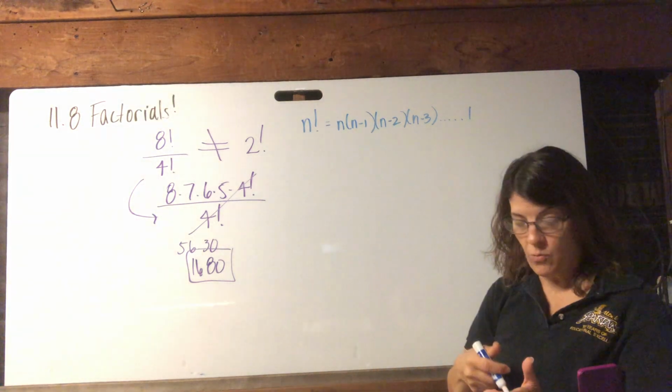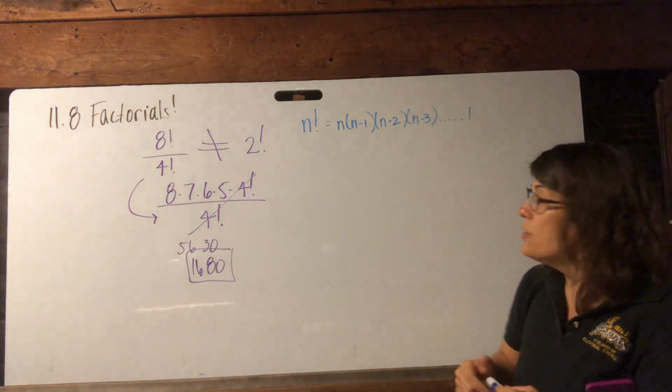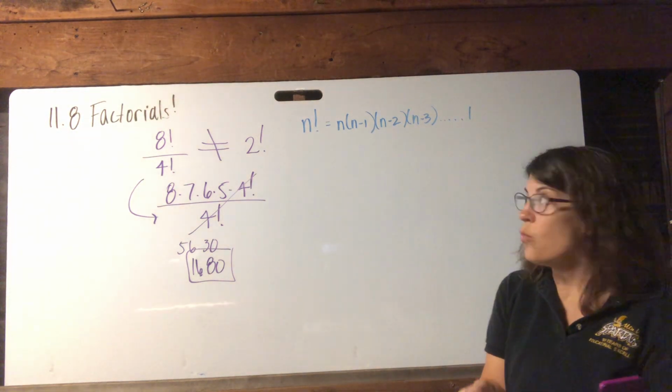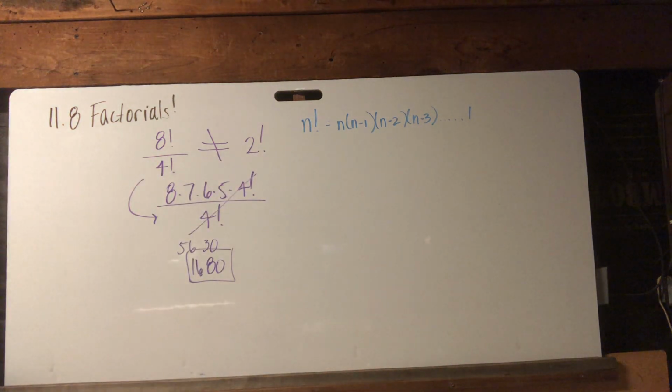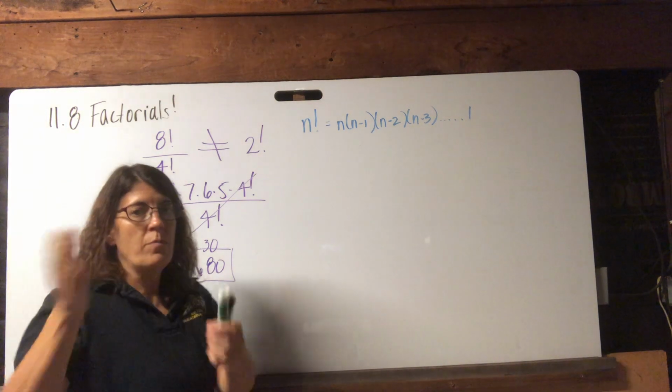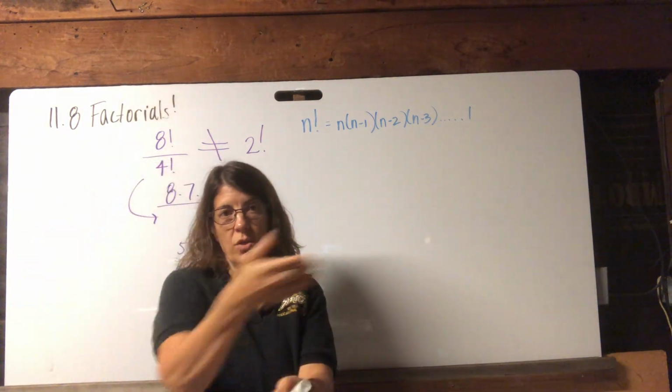You're always going to end up at 1. Okay, so let's do some simplification with variable factorials. A factorial is just a number times every whole number below it until you get to 1.